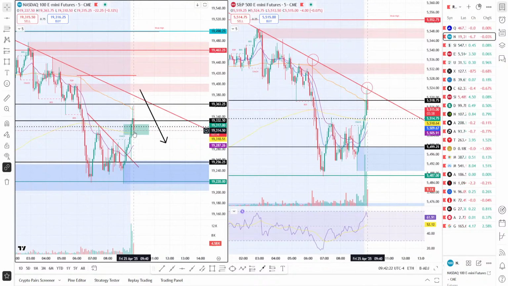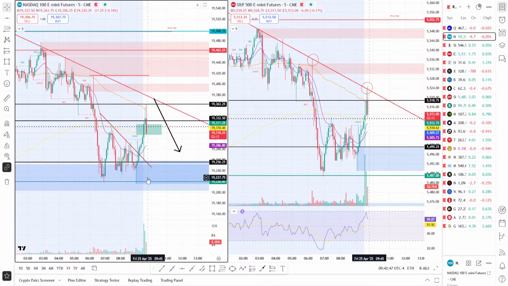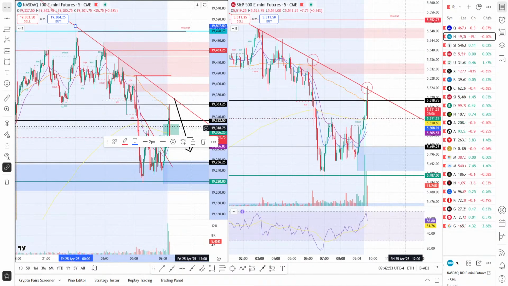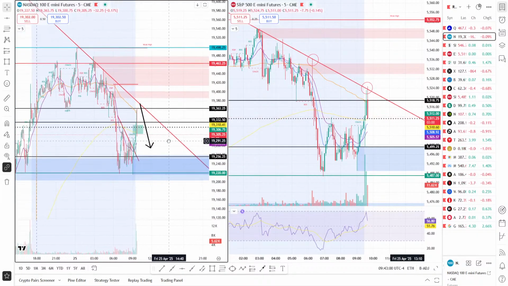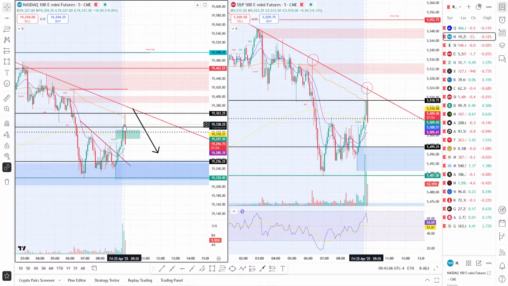I just want to see that this candle will close very strong. There's that inverse I was looking for.